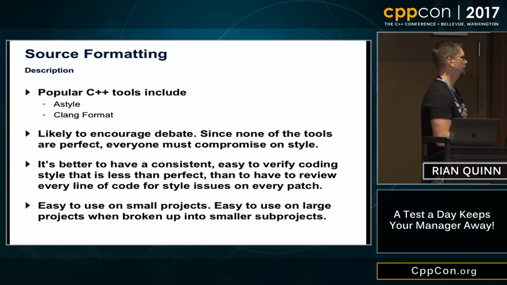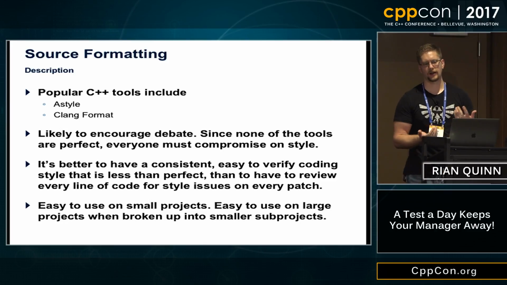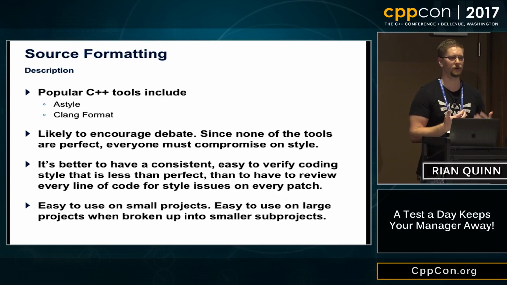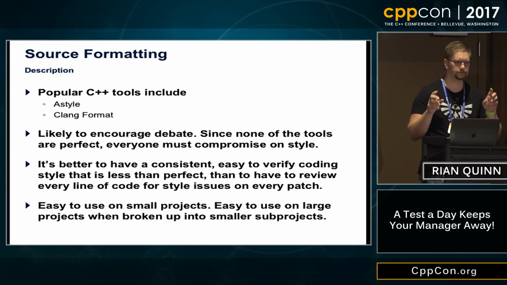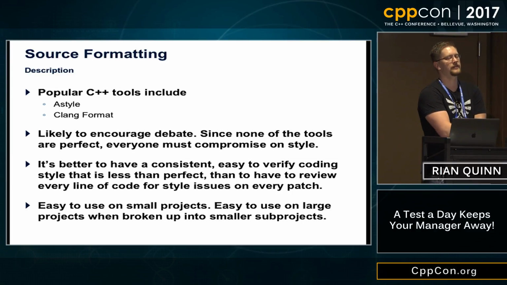The next easy thing to integrate into a project, whether it's large or small, is source code formatting. So I've reviewed lots of source code. There's nothing worse than having to go through the review process and say, please remove the following syntax, or, we don't use spaces here, we don't do that. And the amount of time it can take if the patch is really big, it's just obnoxious.